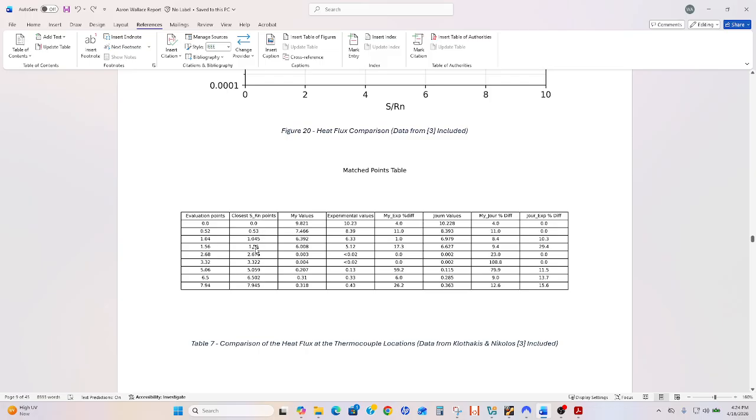And so this just shows that, with it being broken up finely like I have it, I'm able to get this close to what they said. And this is also S divided by Rn, so it has something to do with the length down the surface and the radius of the nose of the probe.